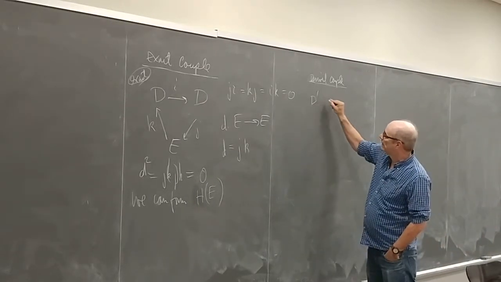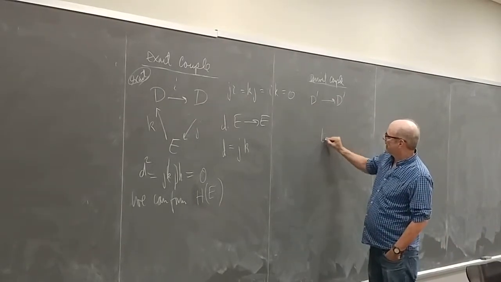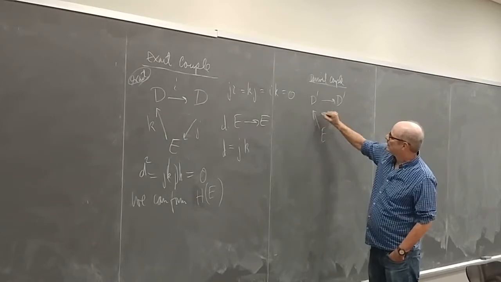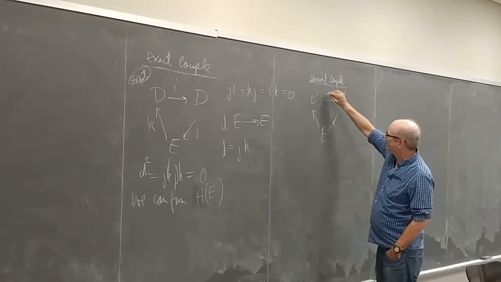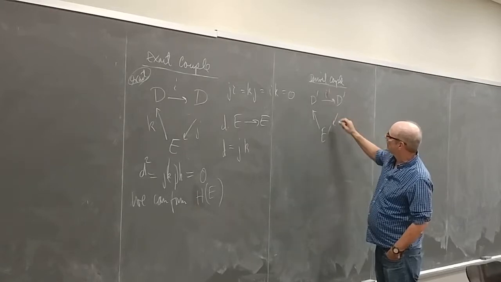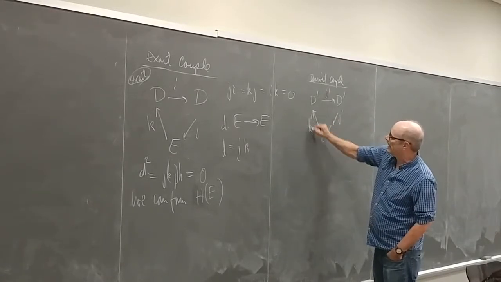I'm going to define another exact couple, which I'll denote by D prime and E prime, and I'll call the maps I prime, J prime, and K prime.